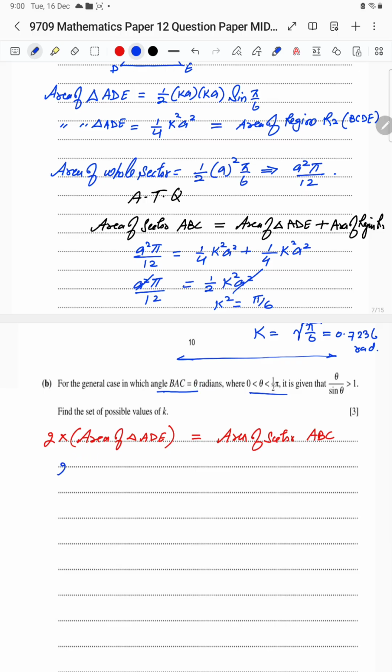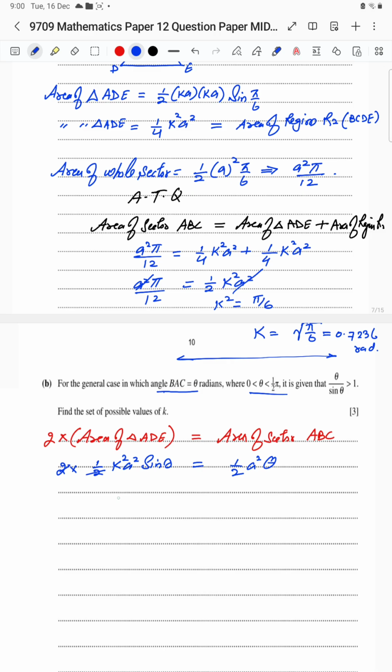2 times 1 by 2 k square A square sine theta is equal to 1 by 2 A square theta. You have to find the possible values of k.